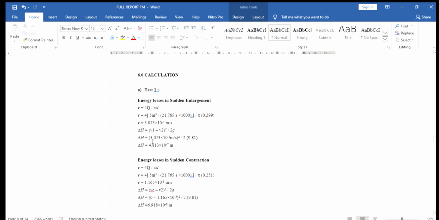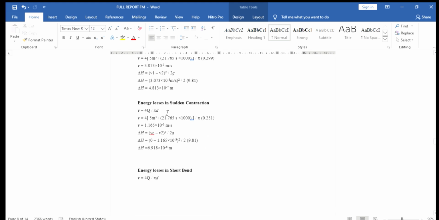The velocity is 3.0073 times 10 to the negative 3 meters per second, squared, divided by 2 times gravity 9.81. So the head loss that we get for sudden enlargement for test 1 is 4.813 times 10 to the negative something meter.